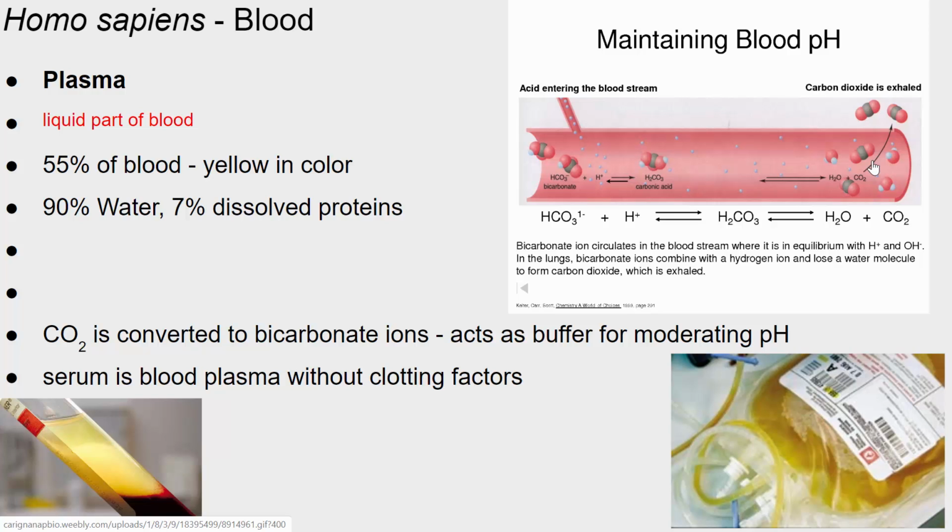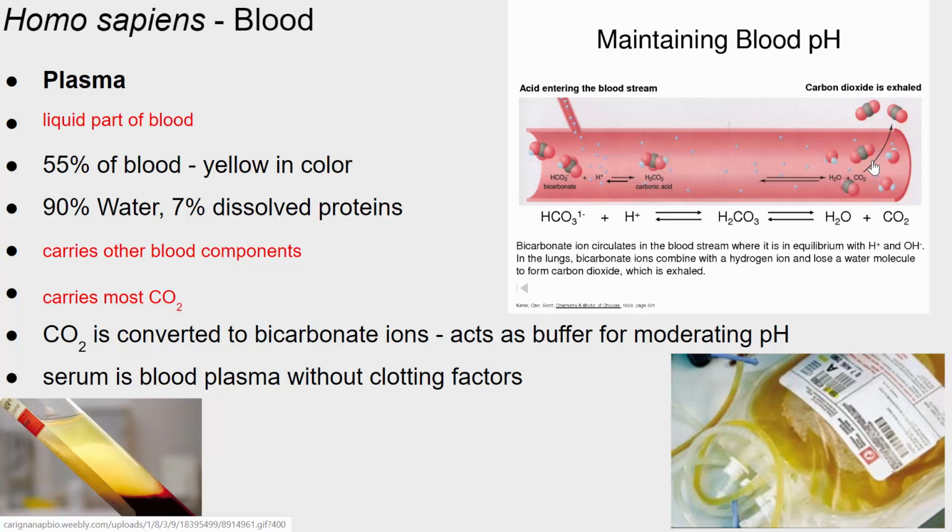Most of it is water, but it has some dissolved proteins in it as well. It's the transportation system for the rest of the components of the blood, the red blood cells, white blood cells, and platelets, floating around in this plasma, being carried through the circulatory system. It's also where most carbon dioxide is dissolved.